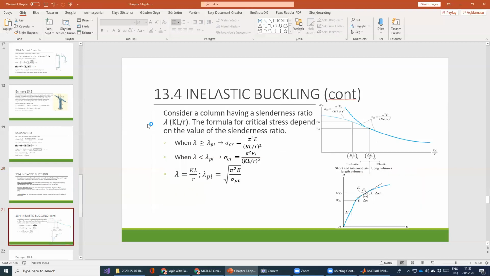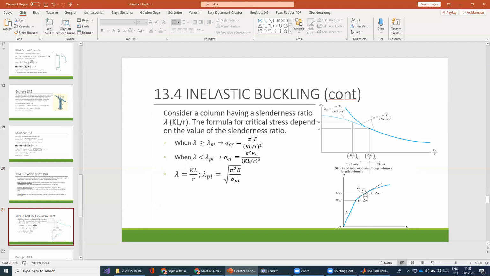I think we can directly pass to the solution technique. It is not complicated, it's a very easy technique. First of all, maybe you remember lambda, the slenderness ratio, KL over r.